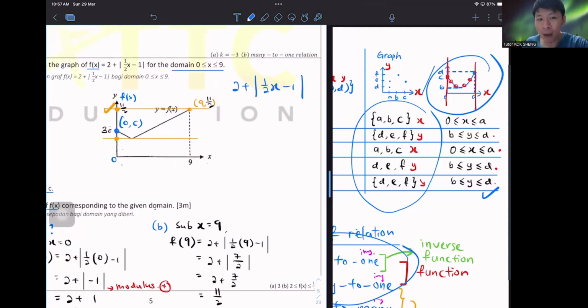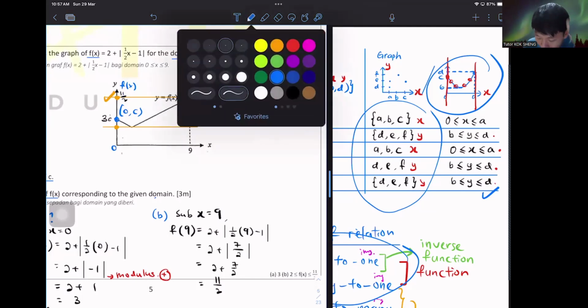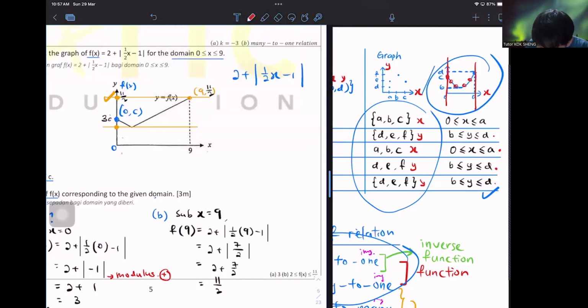If you sub any number into the x, like just now what we did here, the sequence of finding the answer for y, if you press it one by one, slowly: you sub into the x, you start from here.